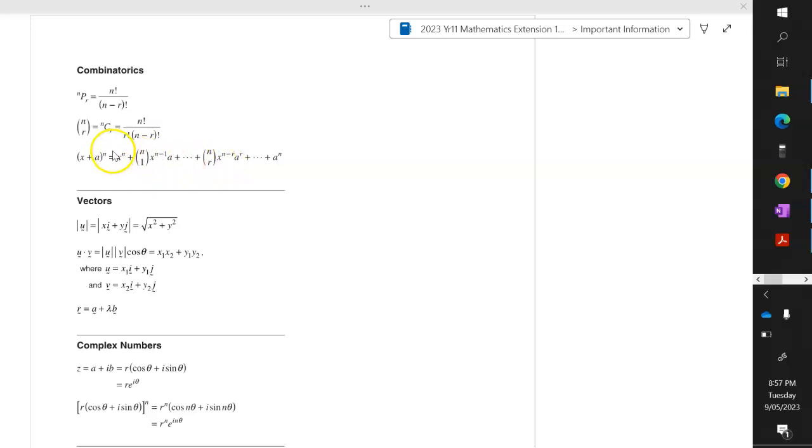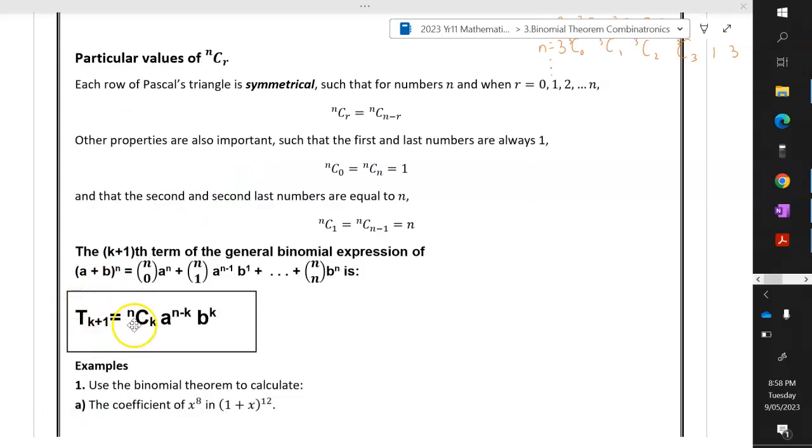They haven't popped nC0 in because that's going to be 1, and they haven't popped nCn in because that's going to be 1 as well. But other than that, it shows you this generic form here, that any expansion in that is going to give us a term of nCr x to the n minus r a to the r. That basically shows us this rule here within that expansion, which is really handy.